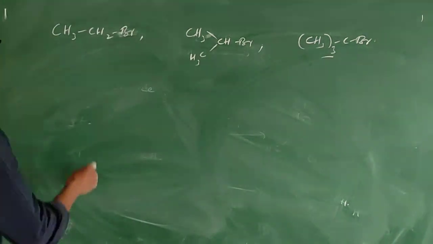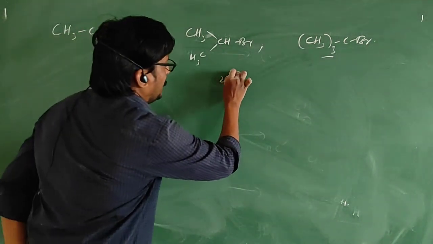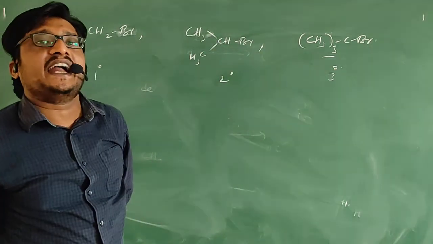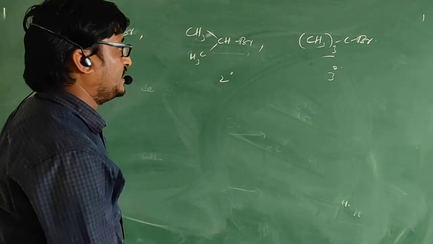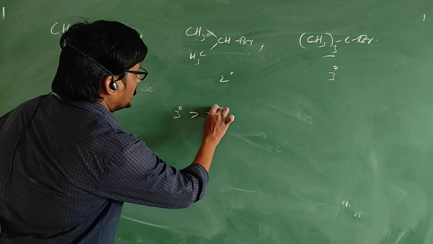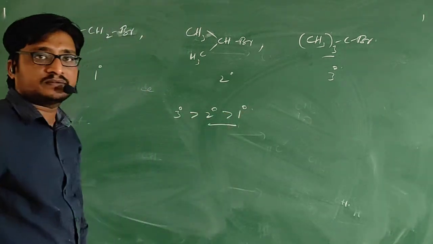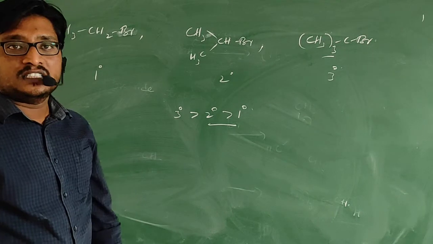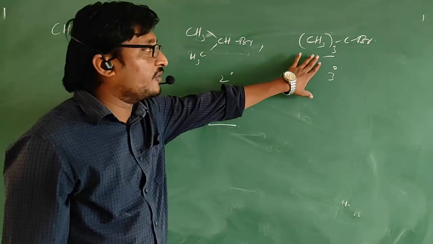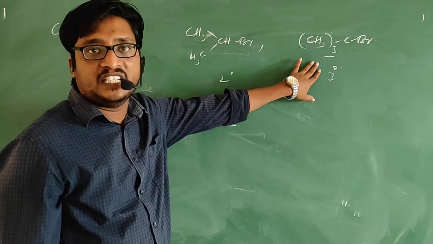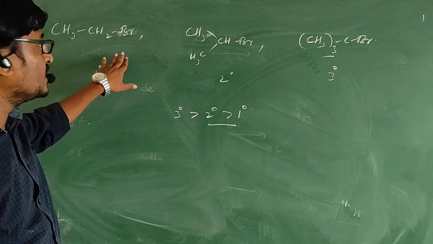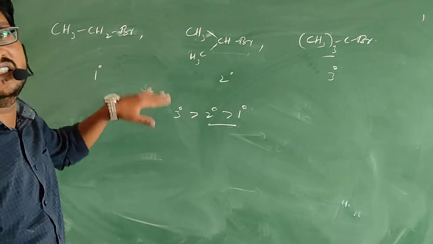The alkyl halide most reactive towards the SN1 reaction is the tertiary alkyl halide. So tertiary is greater than secondary, which is greater than primary. The reason is the stability of the carbocation. The carbocation formed from tertiary alkyl halide is more stable than from secondary, than from primary. That is the reason.